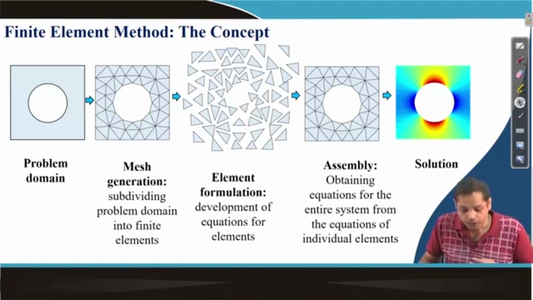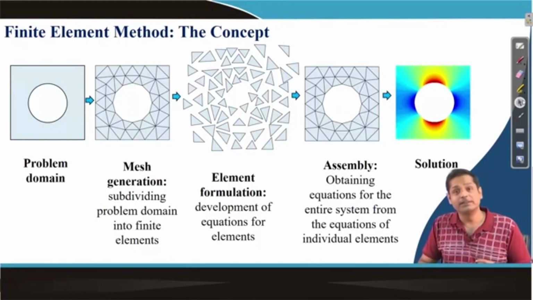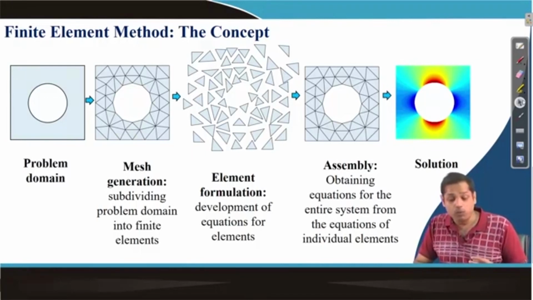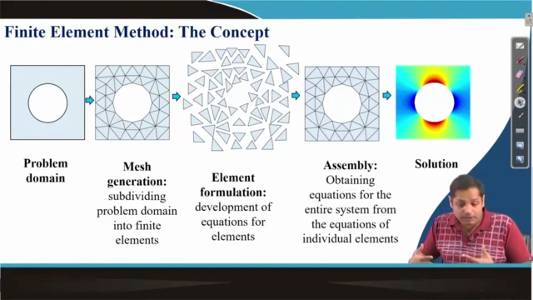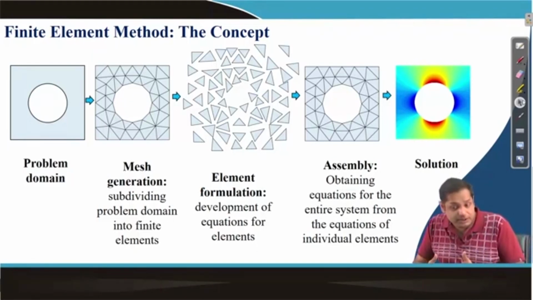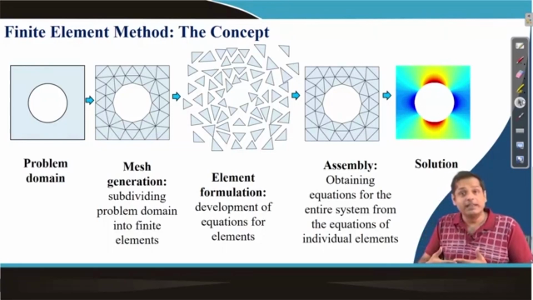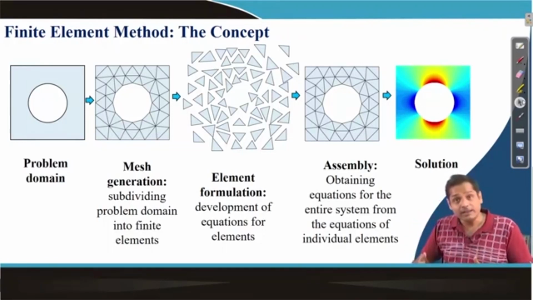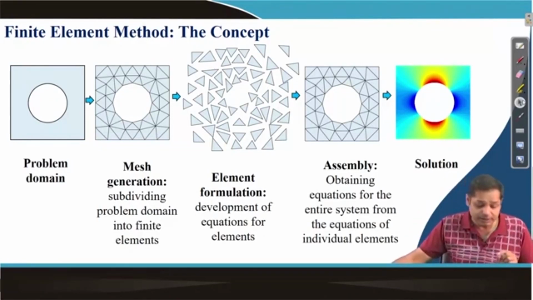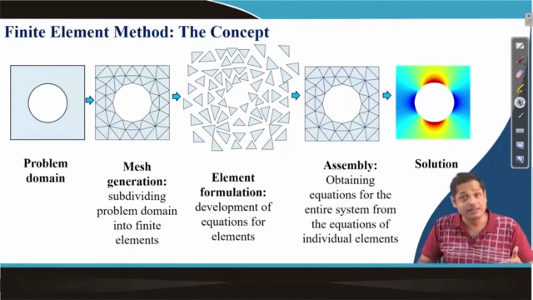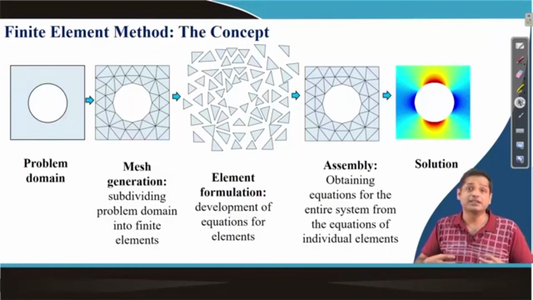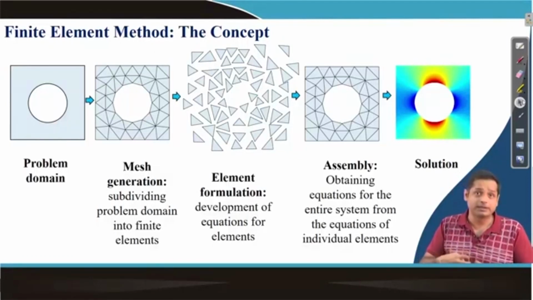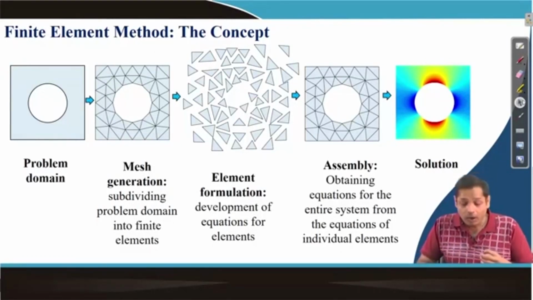So once we have the equations at the element level, then what is to be done next? Then these equations need to be assembled. Once we assemble these equations, we get the equations for the entire system. This mesh generation is also called discretization. Discretization means it is now essentially a collection of some subdomains.